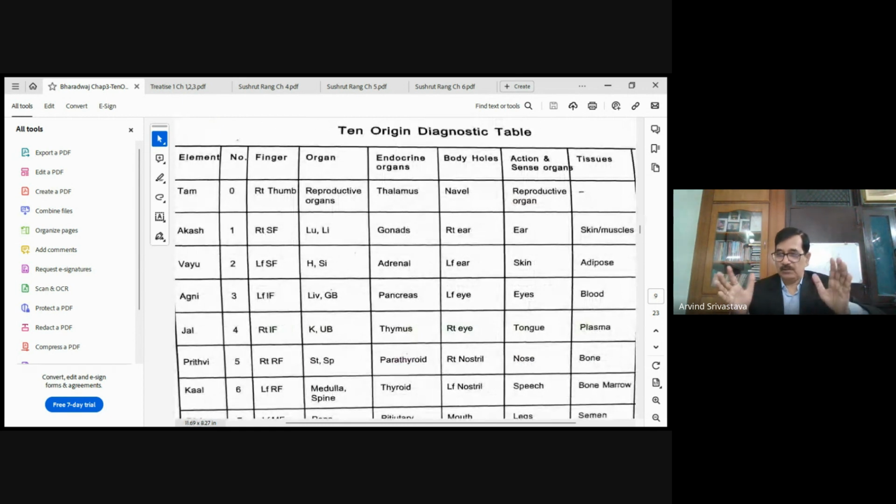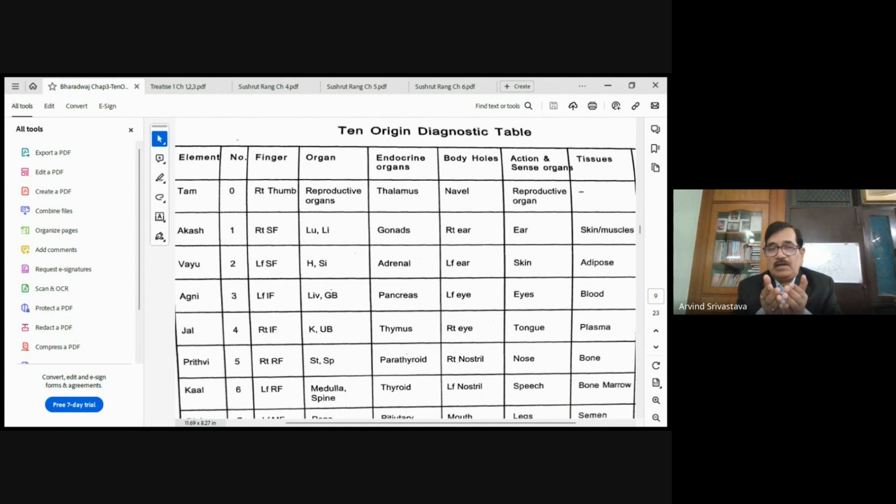Now, we have studied the system and the principle of one, say, Akash, Vayu. Akash, we can say, is just a covering. So in that way, Vayu, wind, energy is there.